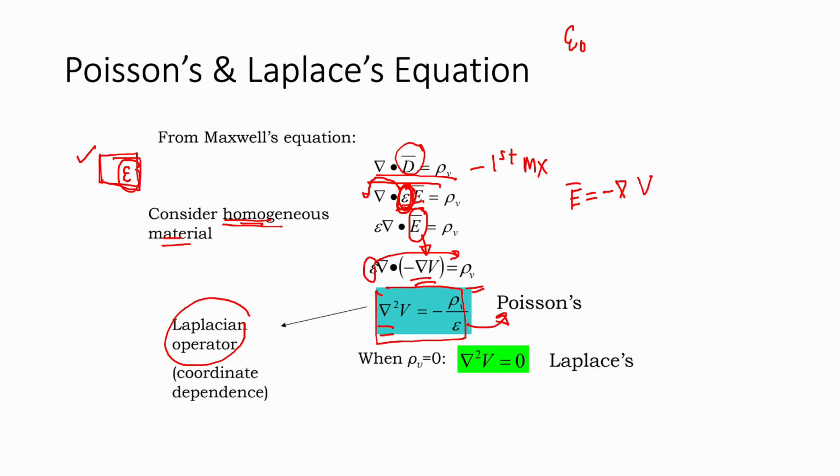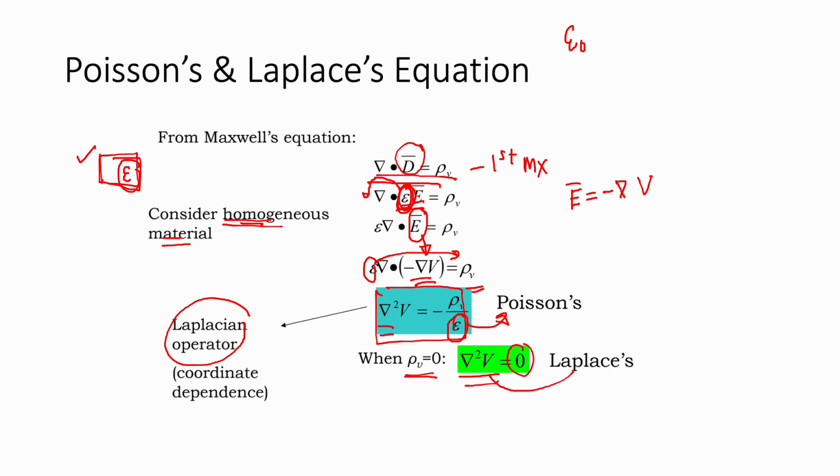We divide by the material permittivity, and it becomes Poisson's equation. However, if that particular region or material doesn't have a charge, the value of rho V equals 0, and the Laplacian operator equals 0.